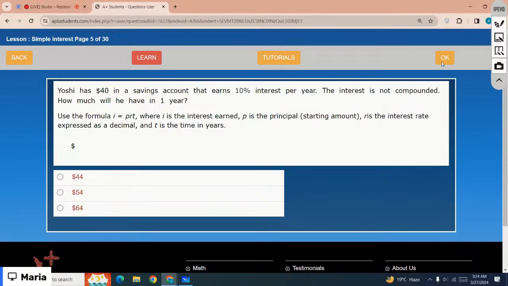Next year, you have the interest plus the amount he started with. So, which is the correct option?